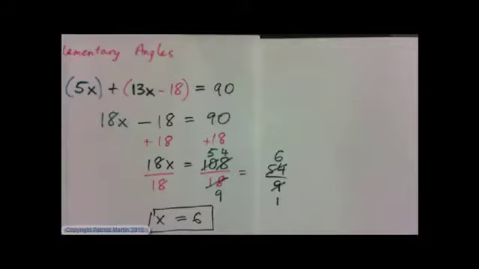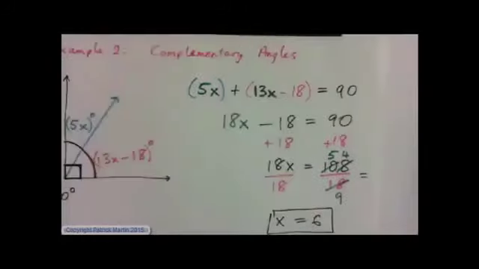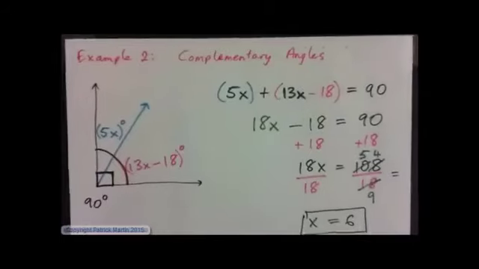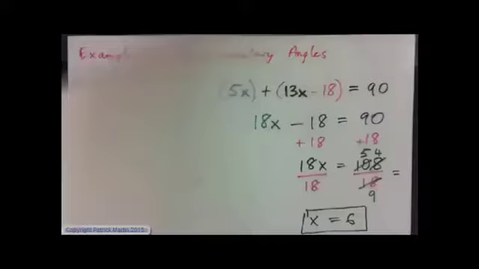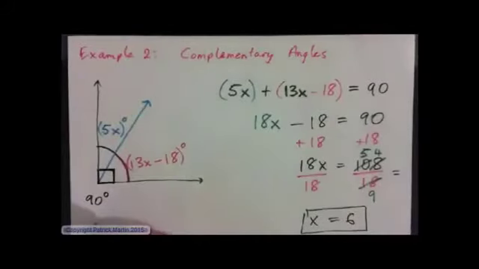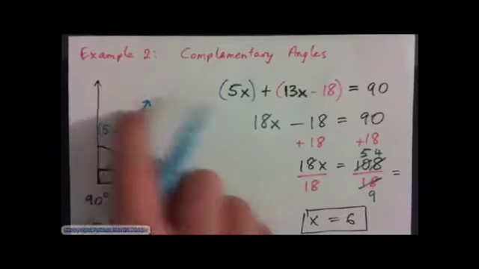X is 6, right? So to actually find the value of the angles themselves, we can use the answer. 5x was one angle. You plug in the value of x, and then you'll figure out what that angle measure was, this blue 5x degrees.